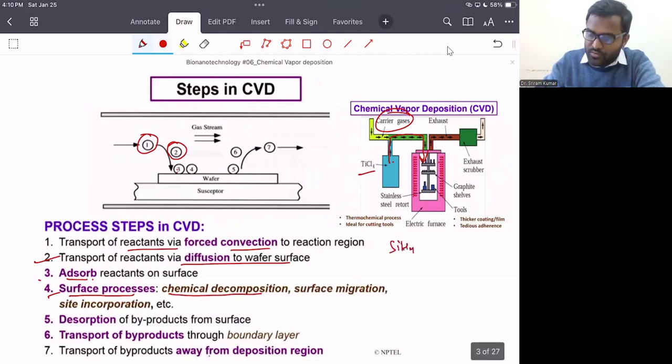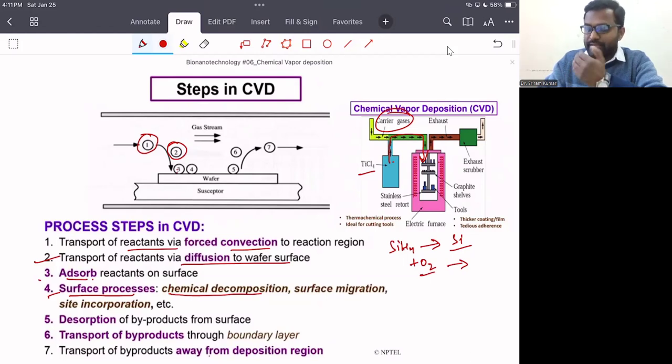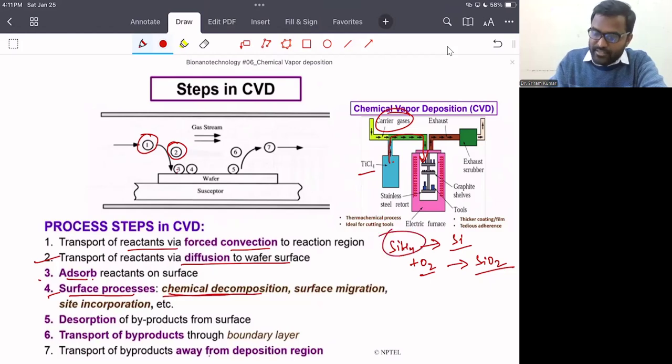If we have silicon dihydride, that forms silicon. Or if you add oxygen in the carrier gas, in that case you will have silicon dioxide. So it depends on the kind of chemical decomposition that happens to the precursor gas.